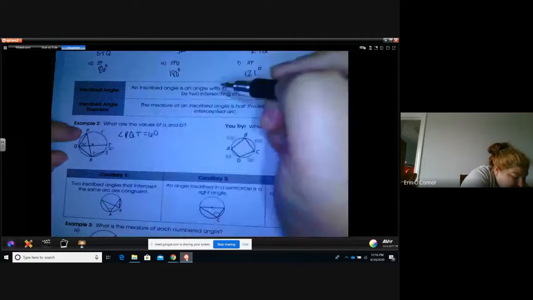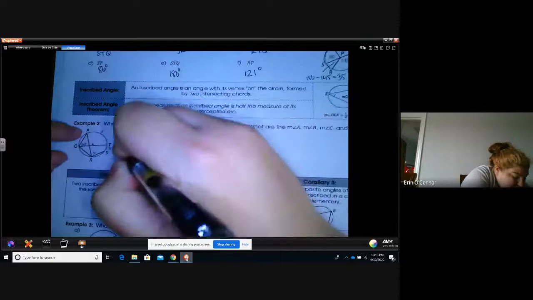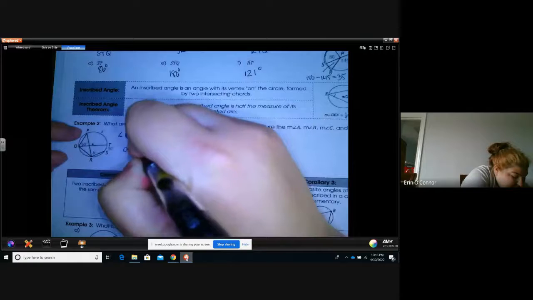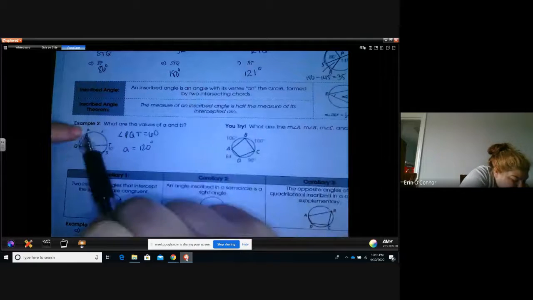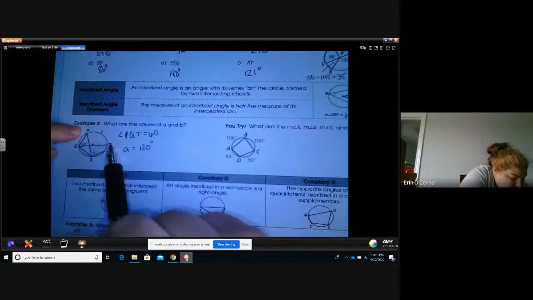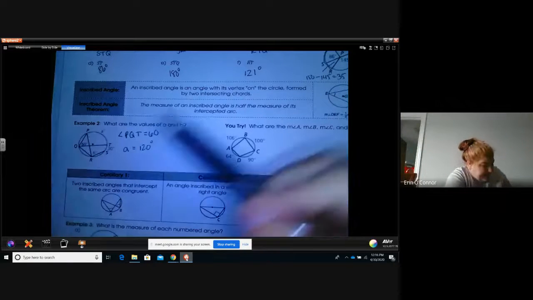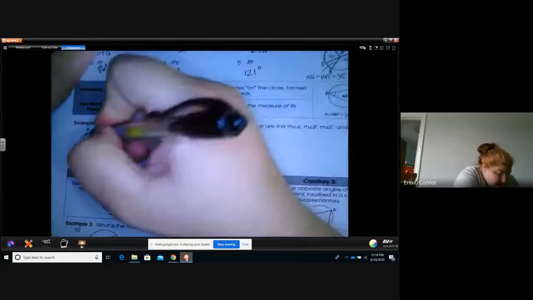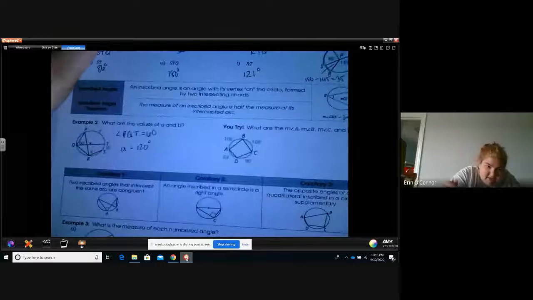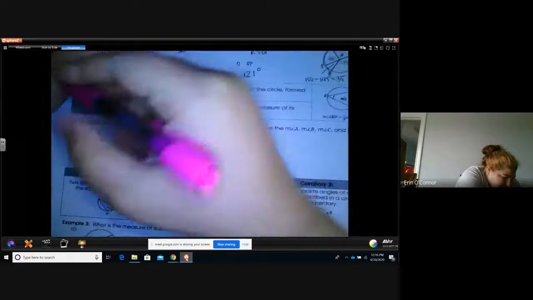So double 60 is 120. So A equals 120 degrees, because this is the inscribed angle and the arc is double the inscribed angle. All right. Likewise, we have an inscribed angle right here, trying to use different colors so you guys can see this. We have an inscribed angle right here for B.